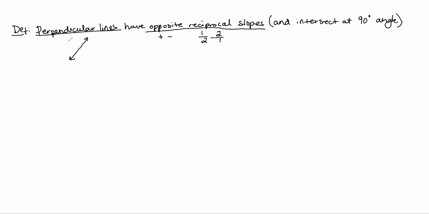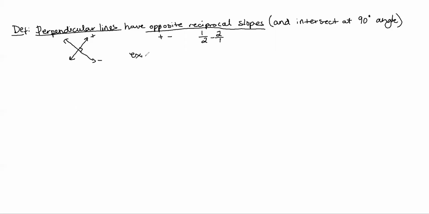If I draw like this and like this. One of them is going up to the right, so it's positive. And then in order to have perpendicular lines, the other one has to go down to the right, and it has a negative slope. And if you wanted to go through and figure out why they have opposite reciprocal slopes, or specifically reciprocal, it's not too bad to see. I'm not going to go through it in this video.